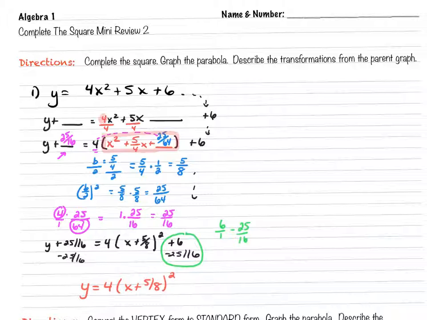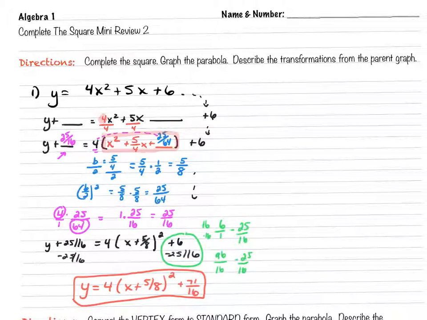I would need to get a common denominator of 16 for both of these. So that would give us 96/16 minus 25/16. And when we complete that math, 96 minus 25 will leave us with positive 71/16. And that is our vertex form.